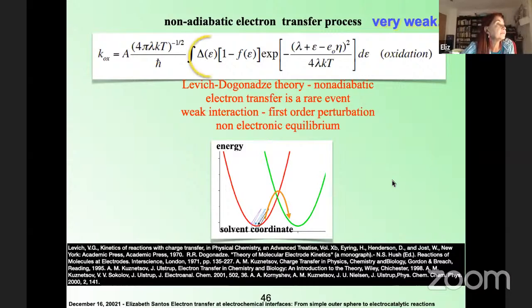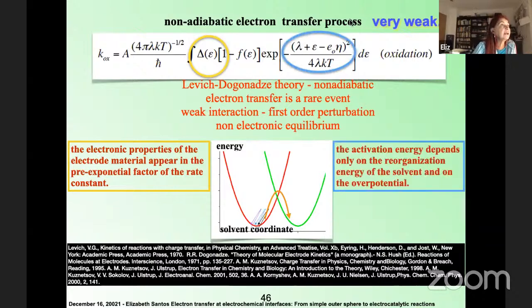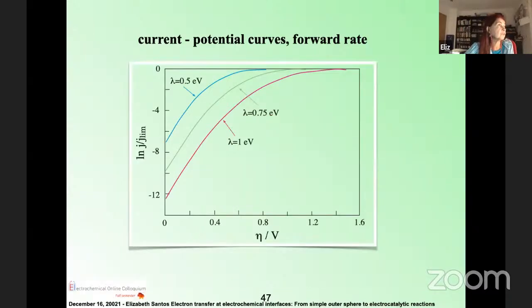In this case, the dependence on the interaction with the electrode appears in the pre-exponential factor of the rate constant. The activation energy depends only on the reorganization of the solvent and the overpotential, but the dependence on the properties of the material appears in the pre-exponential factor.